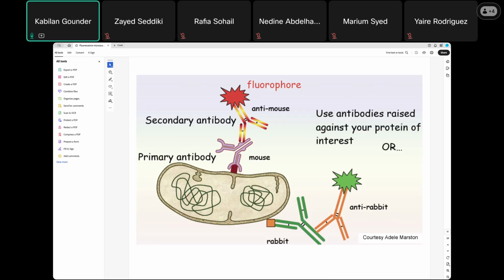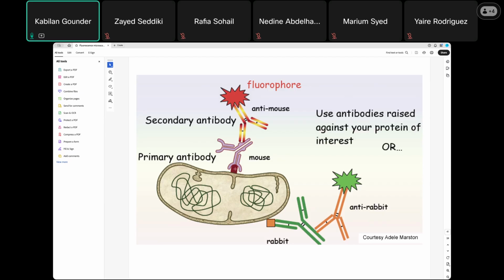If it is fluorescence, then you have to follow this technique. Imagine that after you take sections using the microtome, you transfer them onto the slide. Then you incubate the cells with the primary antibody.